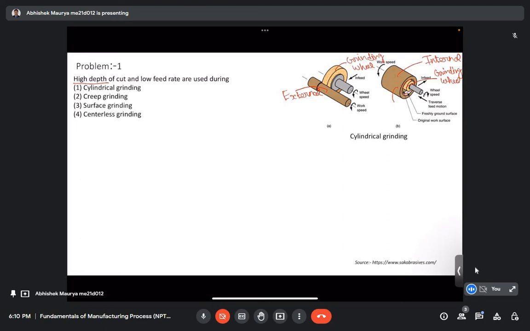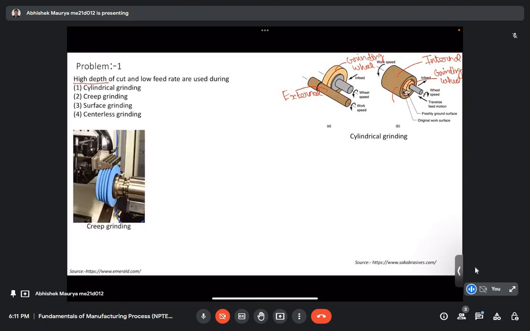Let's move to the creep grinding. This is an example of the creep grinding. Basically here we want to manufacture some profile on the workpiece. Like here, this is not a very easy shape, and this creep grinding mainly focuses on the MRR, whereas the earlier grinding process like cylindrical grinding was a kind of surface finishing process.